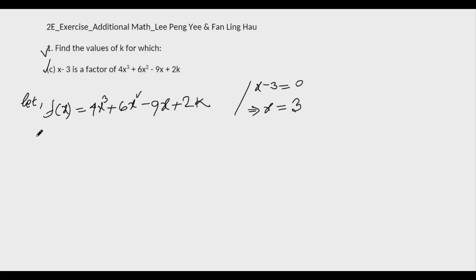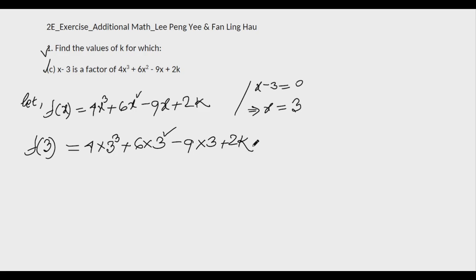So we should put the value of x, then we will get f of 3 is equal to 4 multiplication 3 cubed plus 6 into 3 squared minus 9 into 3 plus 2k.